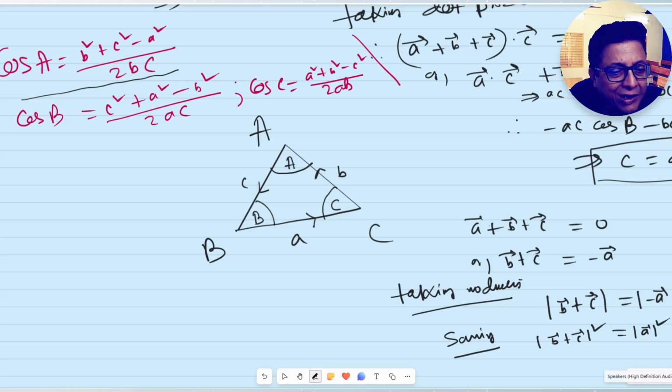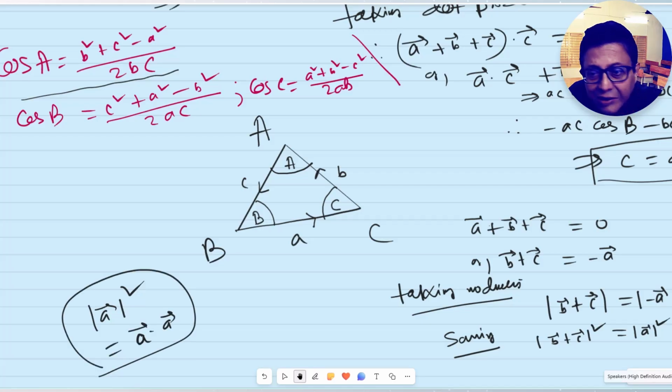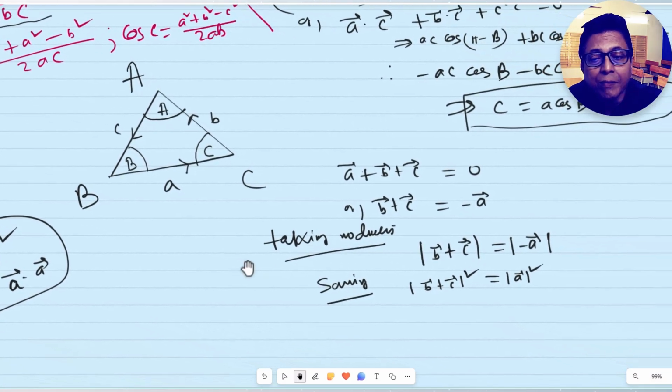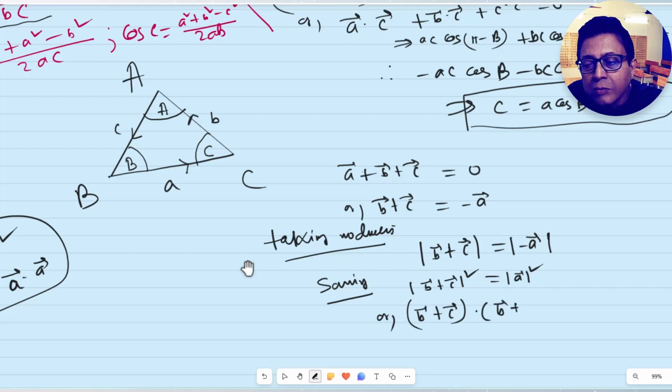Because we have seen in one of the observations that mod A squared is nothing but A dot A. We are going to apply it here. So you just write B plus C dot B plus C equal to A squared.